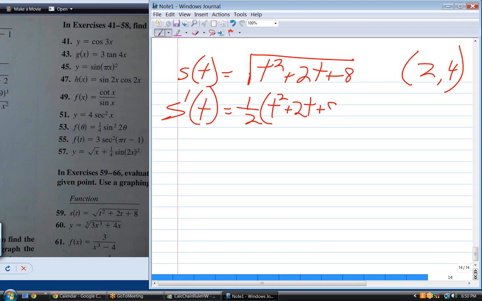Audio might have just cut out. That times the quantity 2t plus 2. Now evaluate that at the point 2 comma 4.